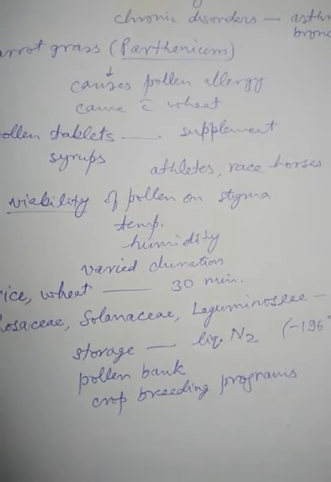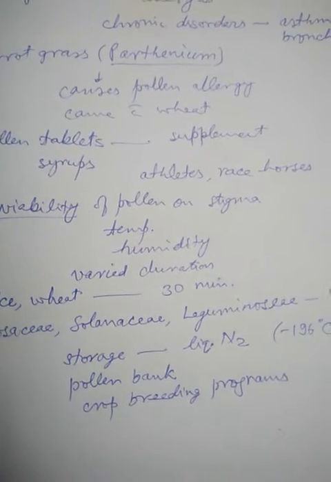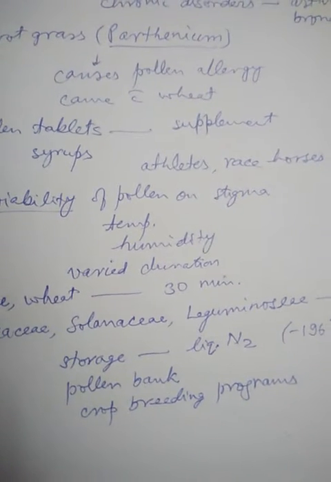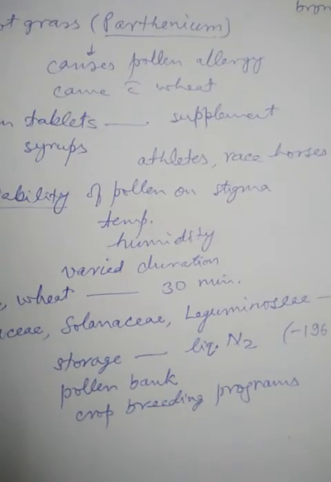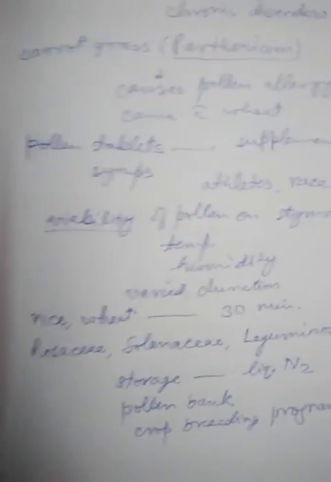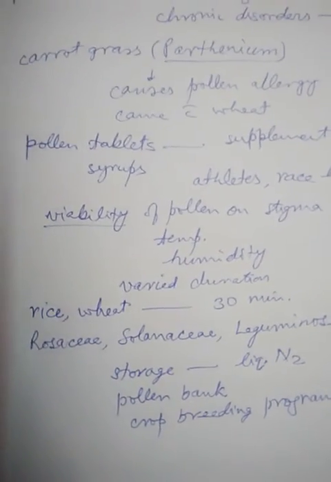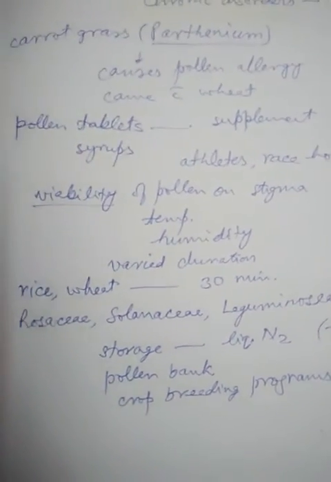So because these pollen are very important, which pollen will go and fertilize which female gametophyte or which ovule, that is very important. And because it is a sexual reproduction, the characteristics or features of both the male as well as the female parent will decide the characteristics and features of the progeny or the next generation.